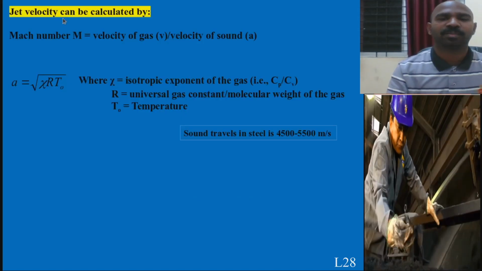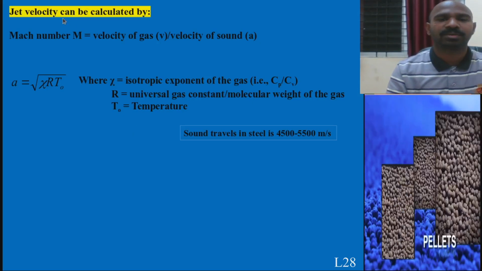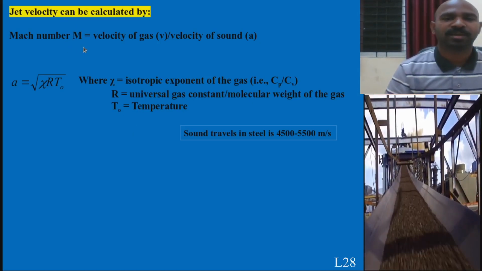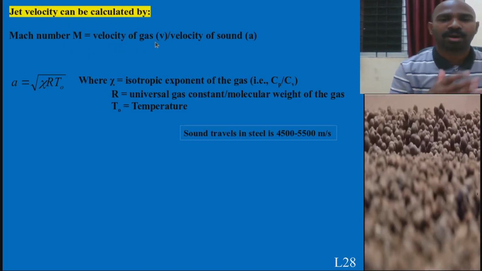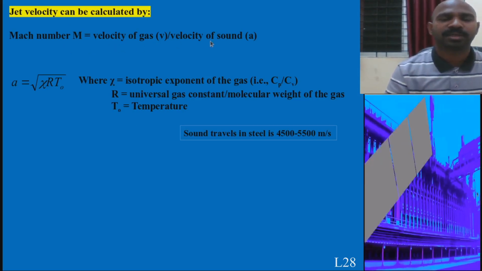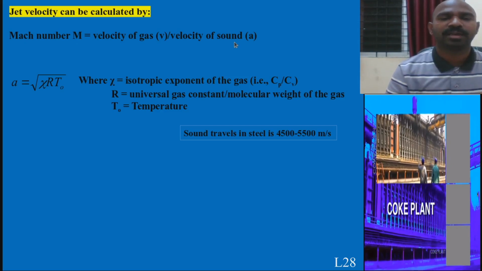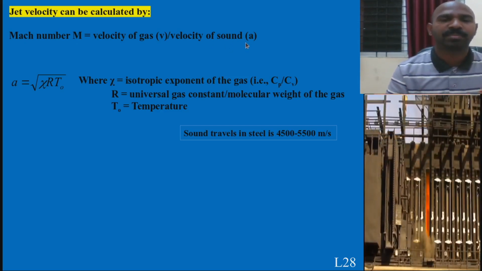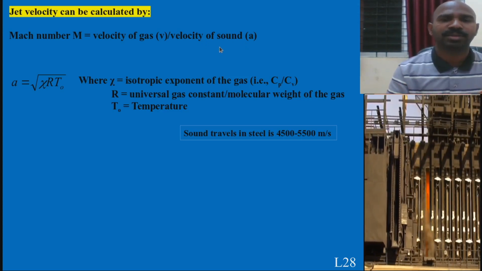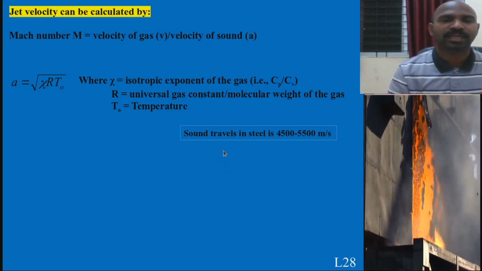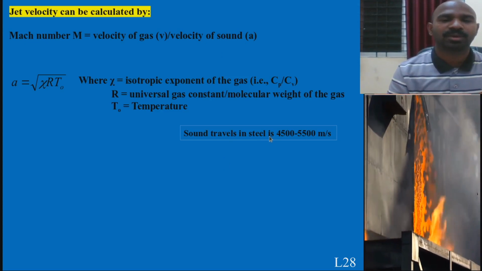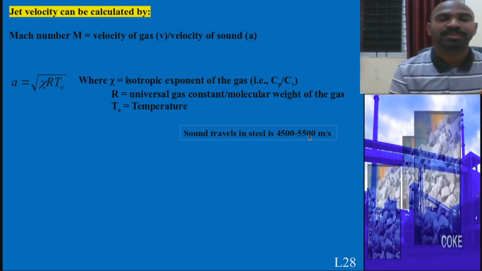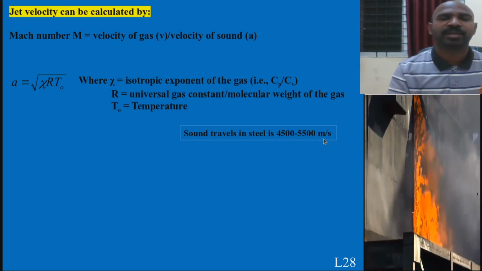The jet velocity can also be calculated by another parameter, the Mach number: the velocity of the incoming oxygen gas relative to the velocity of sound. How do you calculate the velocity of sound? For example, the speed of sound in steel is a standard value around 4500 to 5500 meters per second.